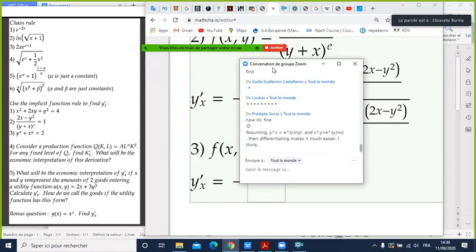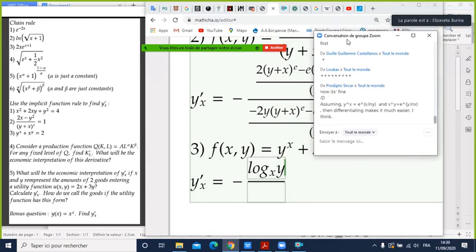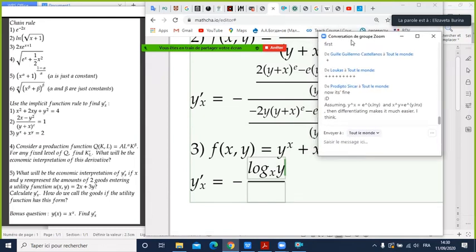Assuming that y to the power of x is equal to e to the power of x logarithm y. Yes. I don't know. Does it make it much easier?